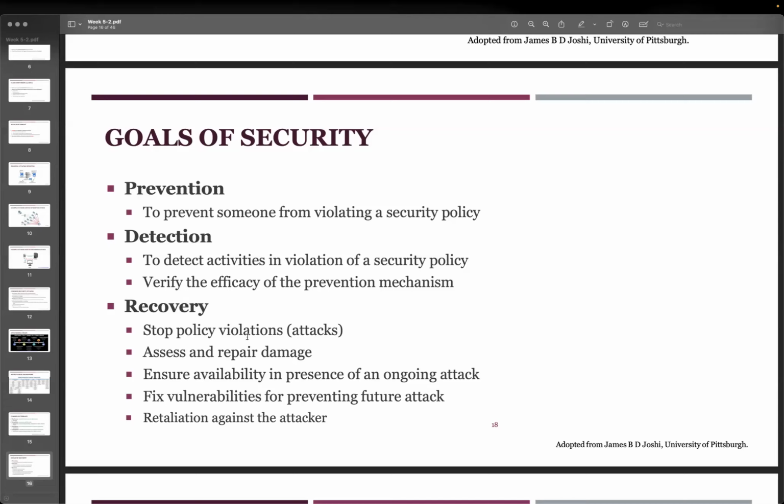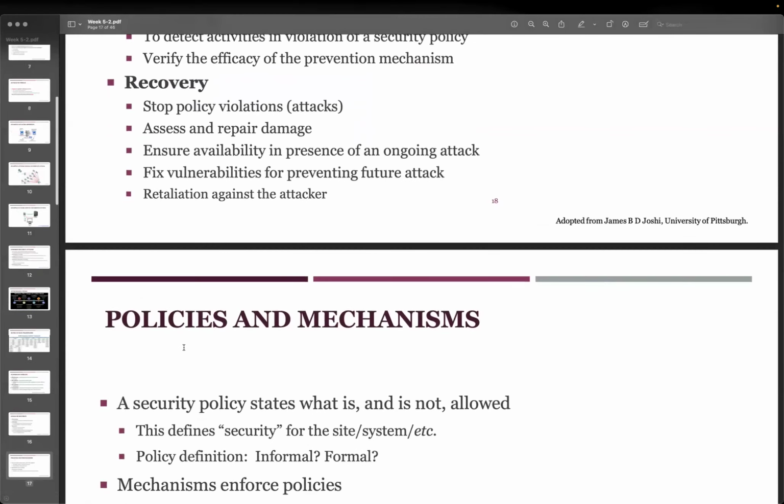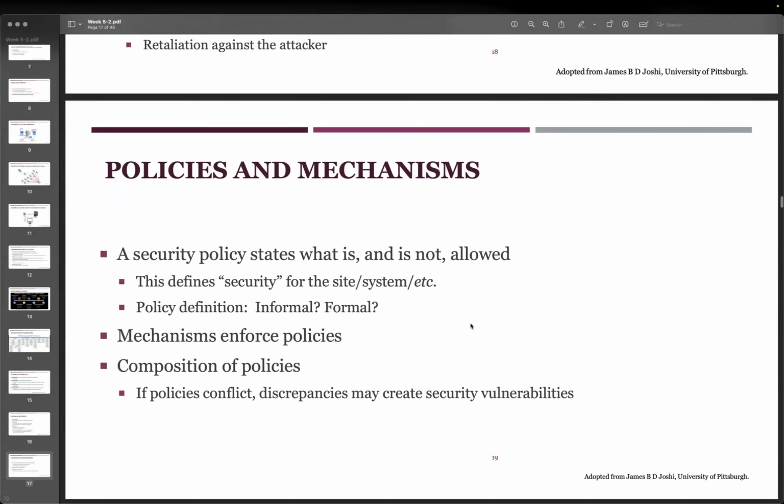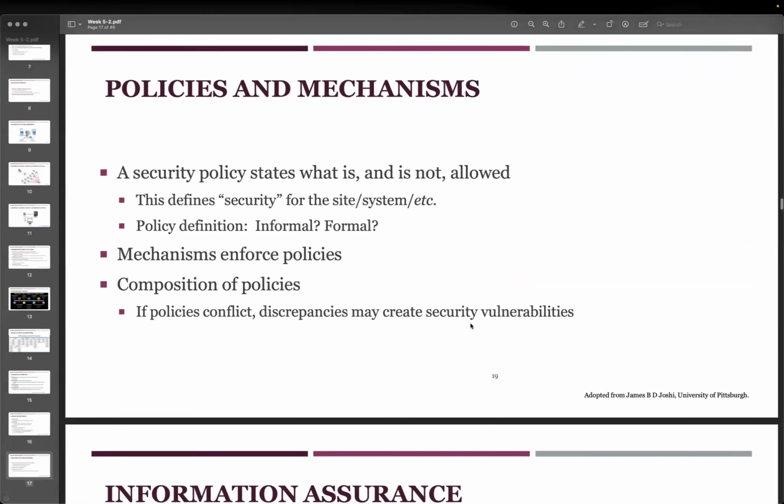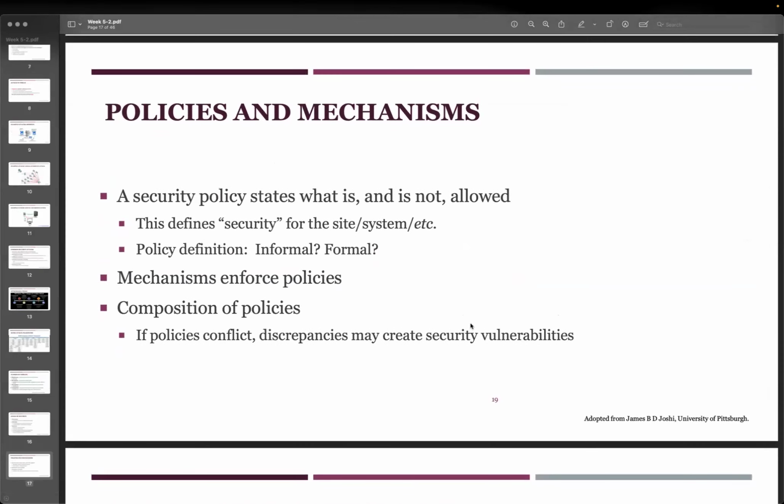Of course, when you figure out the attack at this moment, then we need to look at where's the backdoor that we need to fix. Okay, retaliation against the attacker. And for the policy and mechanism, we include the security policy. So we say what is allowed and what is not allowed.